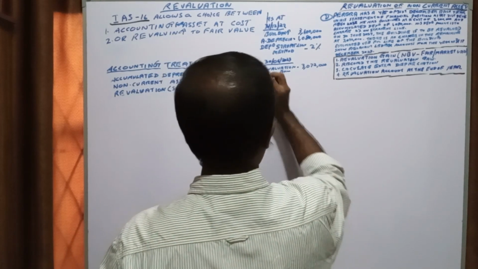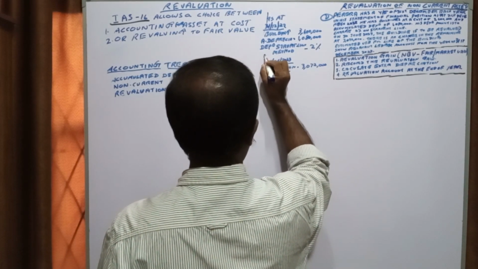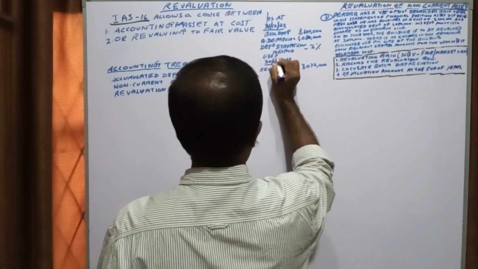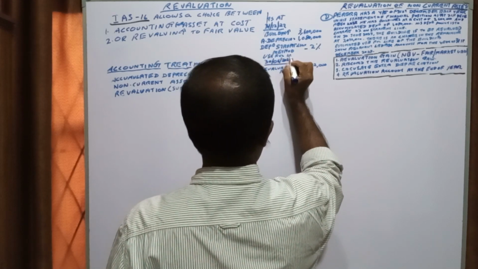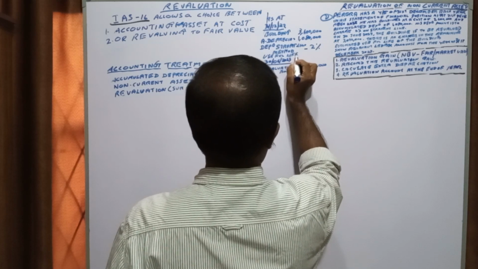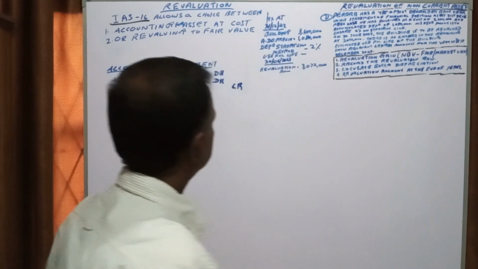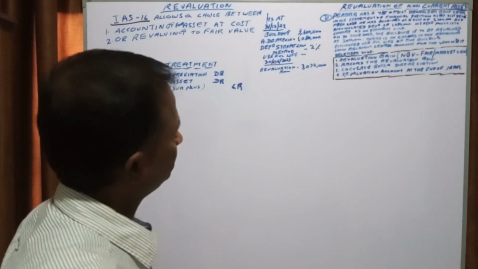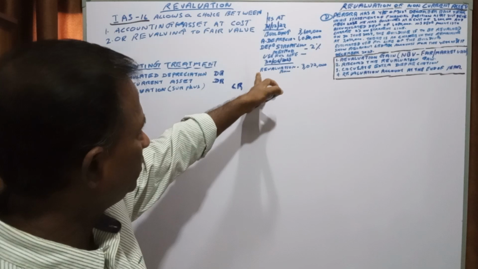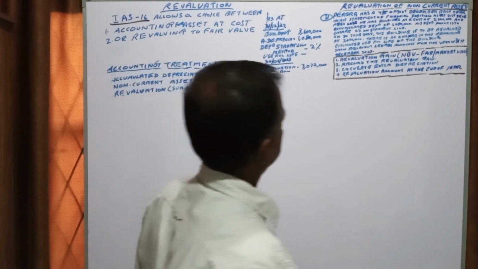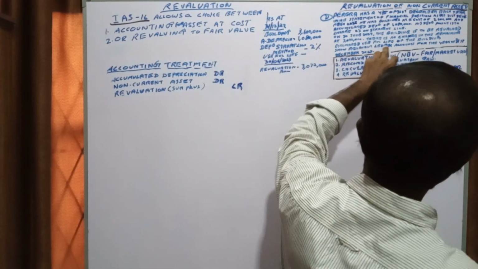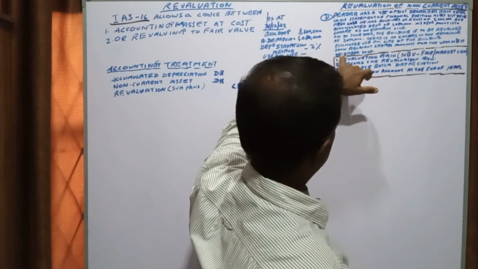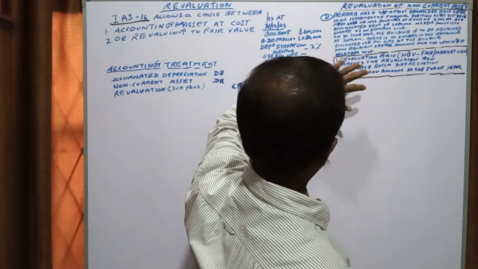Estimated useful life, the full life, is not given. We have to calculate the useful life. The revaluation amount is given, but the estimated useful life of the building is not given. They said there is no change.